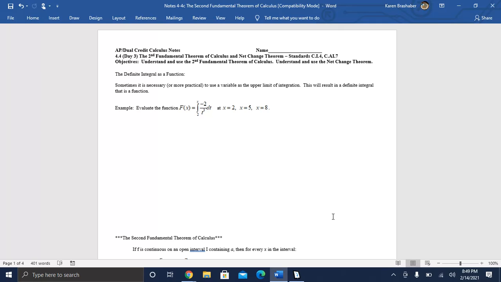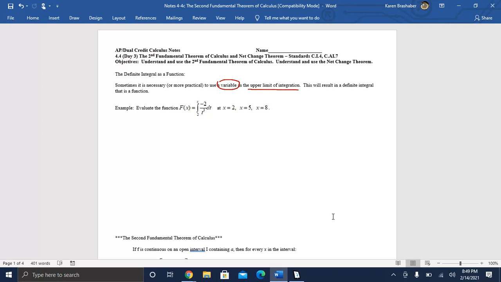That can be accomplished by having the upper limit of integration as a variable. So when the upper limit of integration is a variable, you'll end up with a function that has x in it that you can then use in multiple ways. So let's take a look at this example.